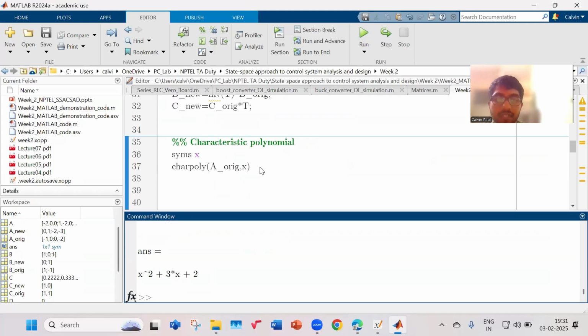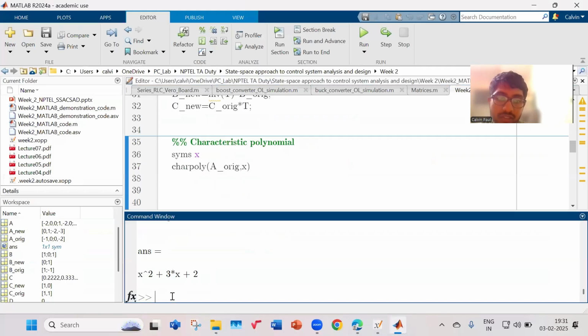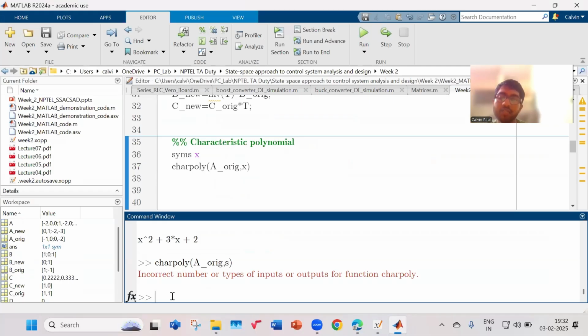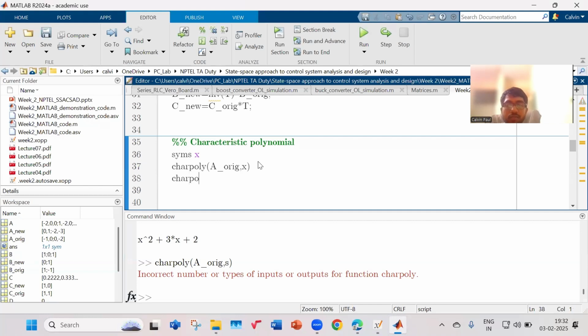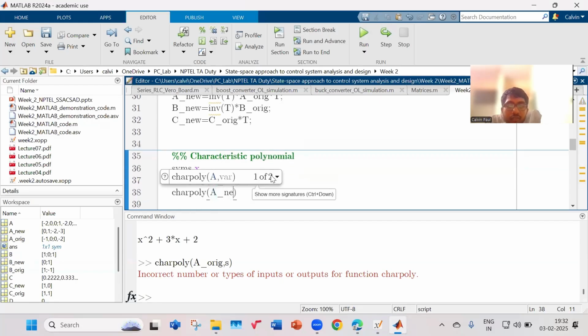Let us try if I use the variable s, charpoly A original, s. Did it work? Okay, s is a transfer function variable, so it doesn't take it. Now let us find the characteristic polynomial for the new converted A new, comma x.